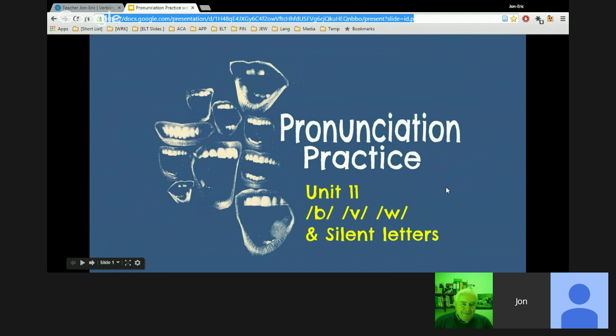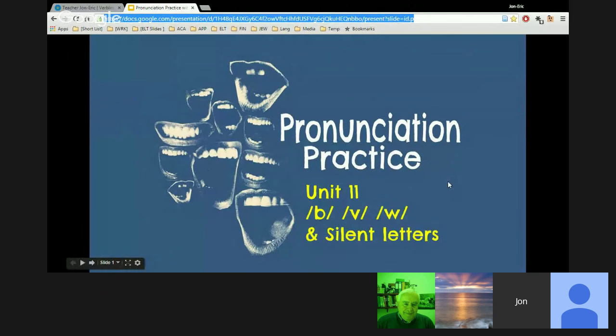So we looked at two sounds which are very similar in some languages, the sound b and the sound v. And two sounds which are very similar in other languages, the sound v and the sound w. But we also began to look at how the w sound is actually one of the so-called silent letters.